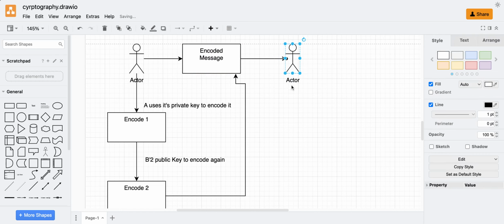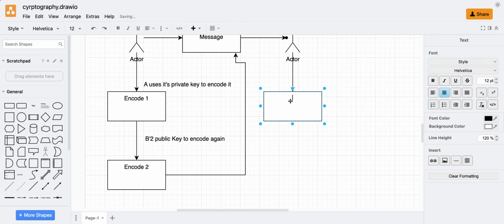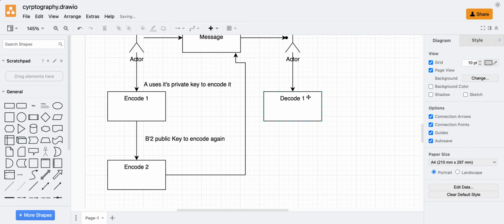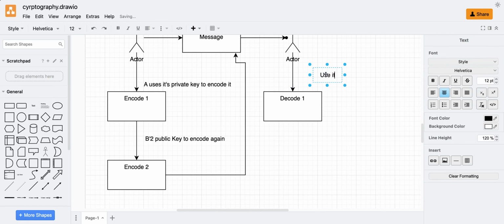Now B receives it. When B receives it, it is going to decode, using its private key to decrypt.